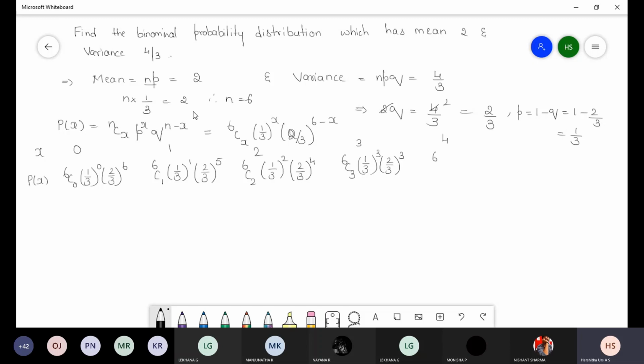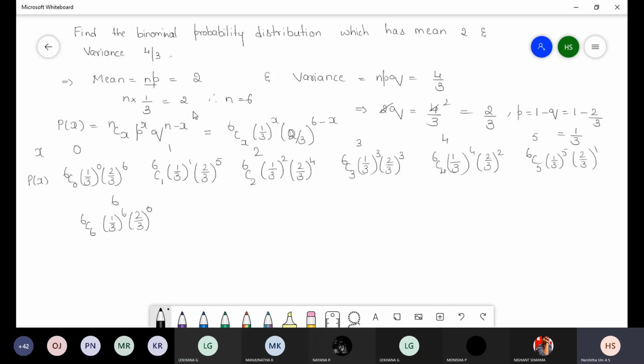Next 4: 6C4, 1/3 whole power 4, 2/3 whole power 2. Next, fifth one, 6C5, 1/3 whole power 5, 2/3 whole power 1. Last one, 6C6, 1/3 whole power 6, 2/3, 6 minus 6 is 0.